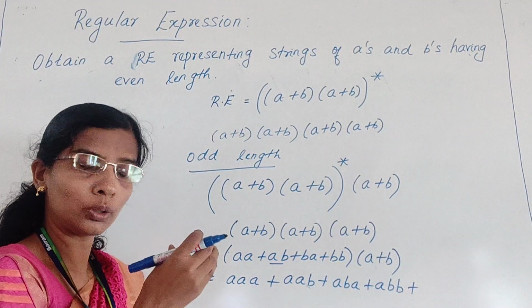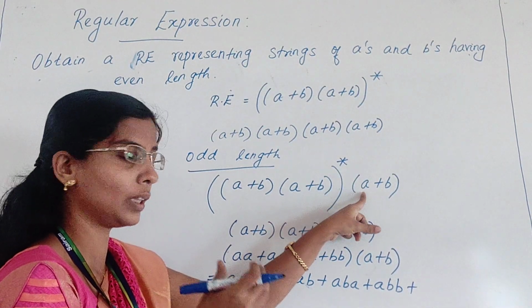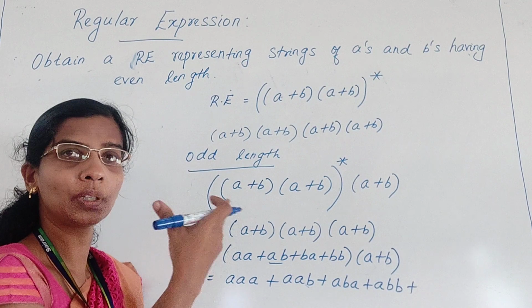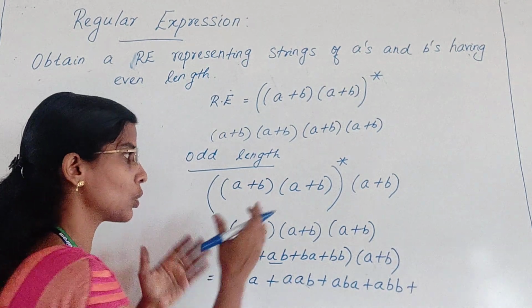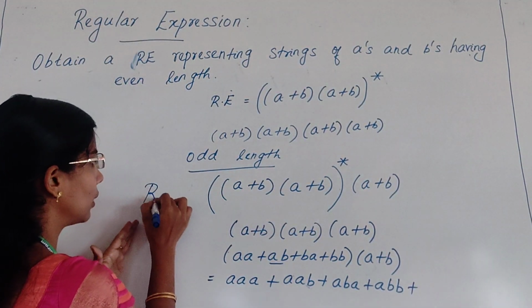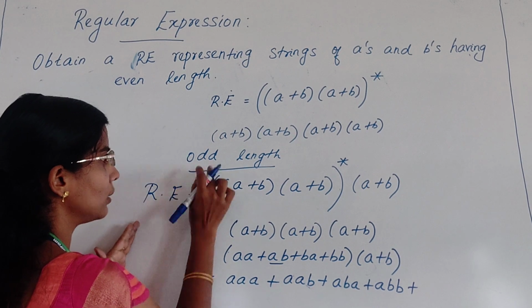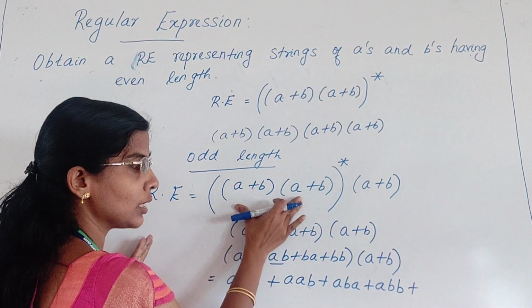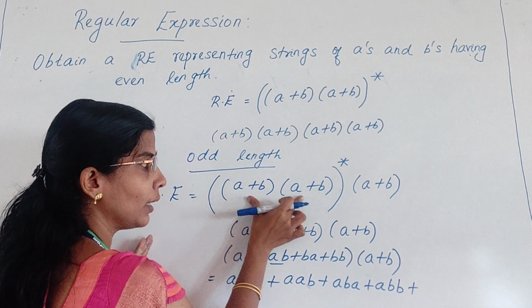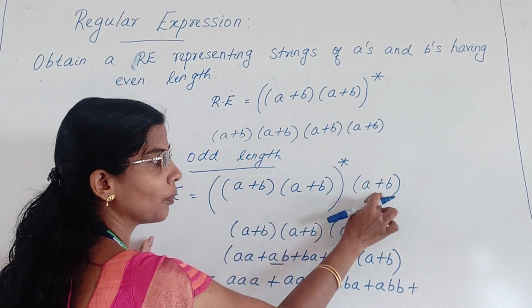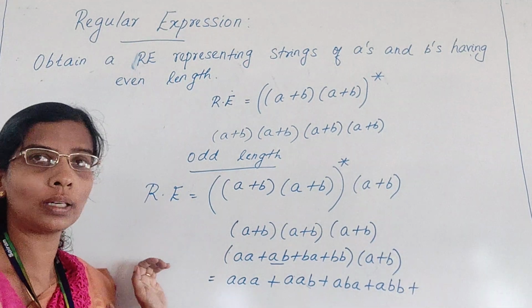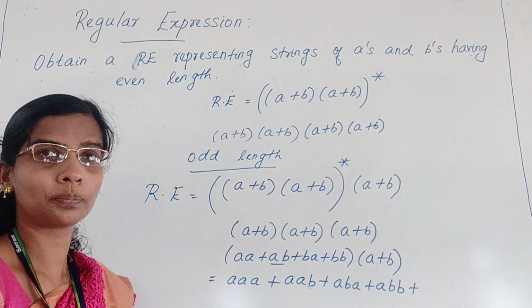So, even length of string, when it is multiplied with the odd length, I'll get odd length of strings. So, which is your answer? For odd length, this is the answer. Even length of strings, since it is even length of strings, I have this star operator, multiplied with A plus B will give you the odd length of strings.